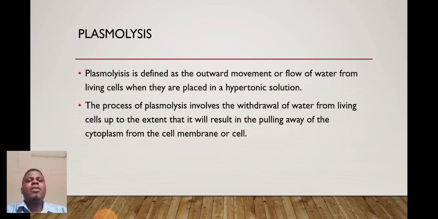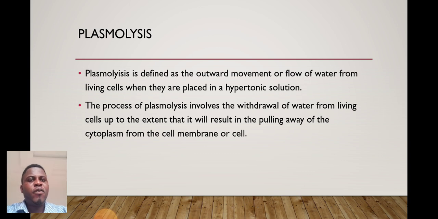So now let's look at another thing to know about the cell and its environment, a condition called plasmolysis. Plasmolysis is defined as the outward movement or flow of water from living cells when they are placed in a hypertonic solution.